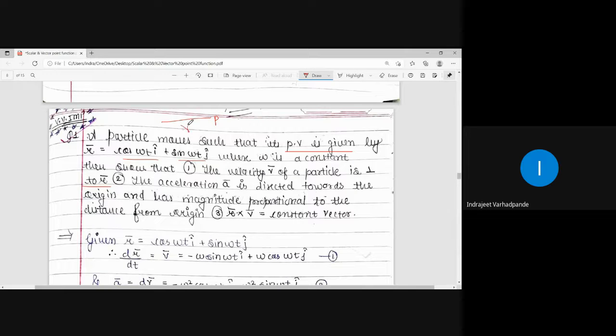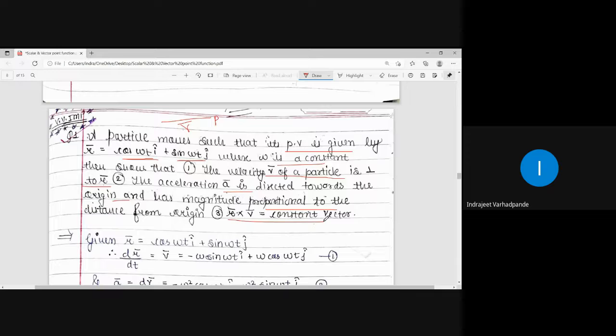This distance is given by r bar, which is called the position vector. Show that the velocity v bar of the particle is perpendicular, the acceleration a bar is directed towards the origin and has magnitude proportional to the distance, and r cross v is a constant vector.